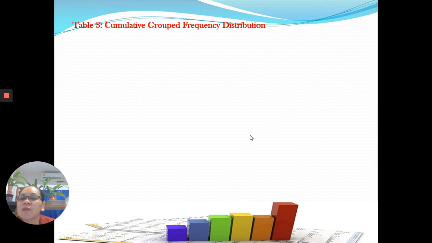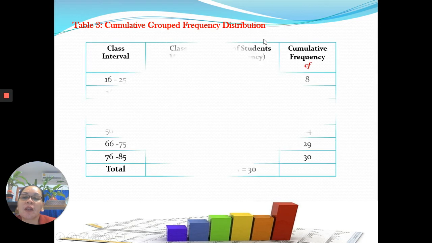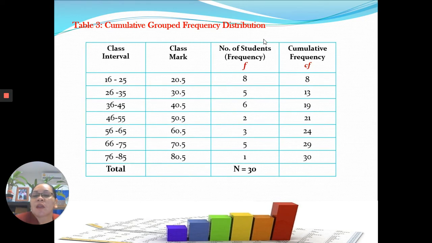What's the difference between grouped frequency distribution and the cumulative frequency distribution table? For your cumulative group frequency distribution, you have a class interval column, then you have a frequency column, and then the cumulative frequency.